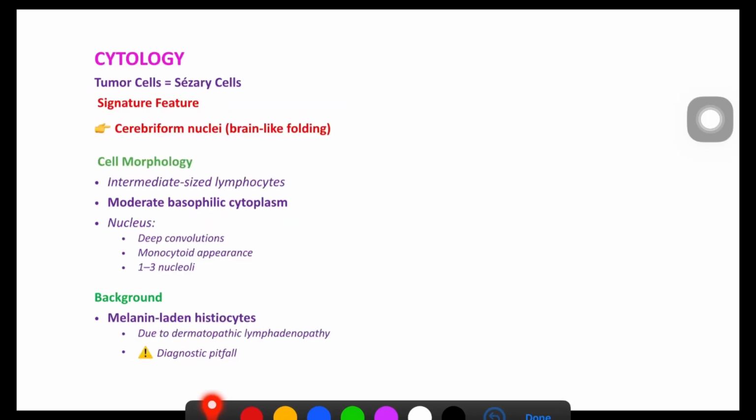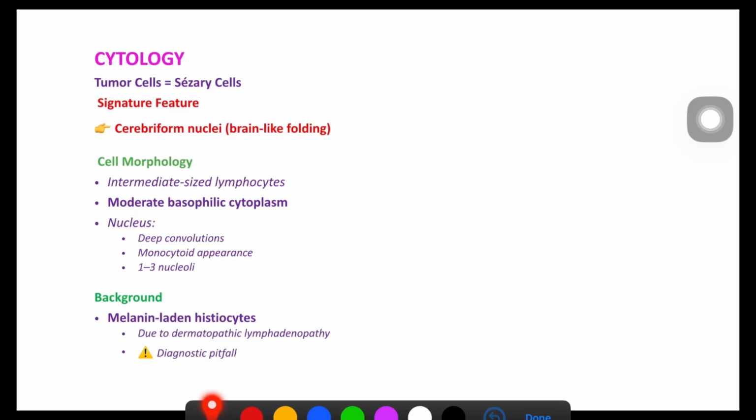Cytologically characteristic cells are Sézary cells, which are characterized by cerebriform nuclei, meaning brain-like folding. Intermediate size lymphocytes, moderate basophilic cytoplasm. The nucleus has deep convolution, monocytoid appearance, and 1 to 3 nucleoli are present.